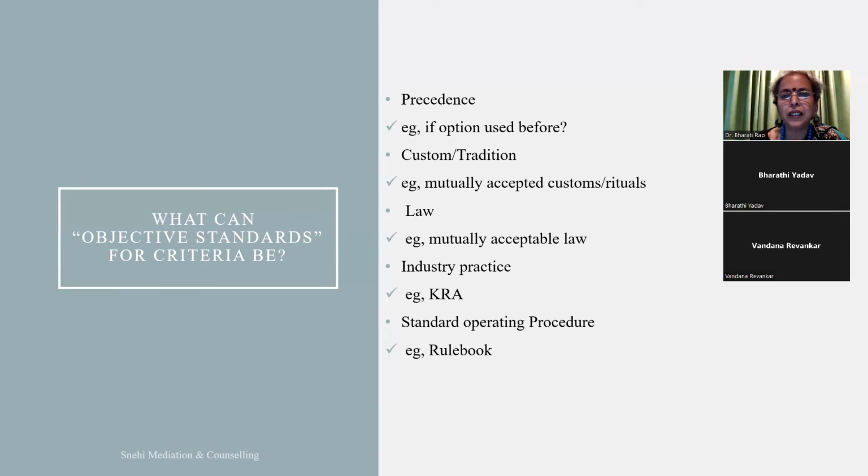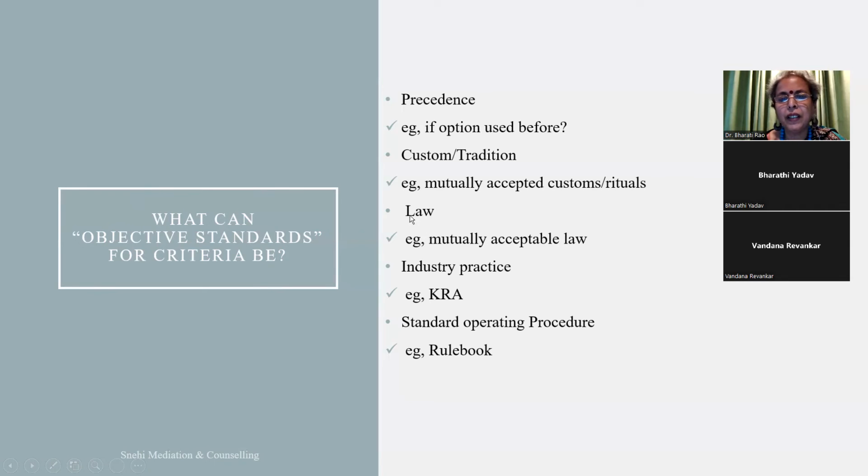Just to emphasize the importance of custom and tradition in setting of objective standards, that's the only issue I'm dealing with. So maybe as per their custom and tradition, it is agreeable and mutually acceptable for both the parties to have the jewelry returned to the woman if she wants to return to her house post separation after the marriage. So if there's some custom like that, a tradition like that, that also is taken as an objective standard.